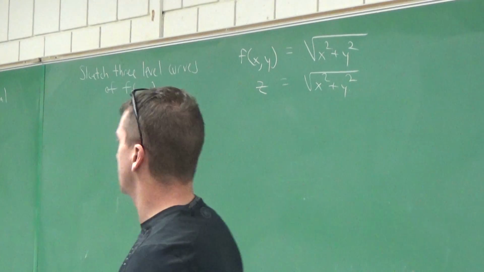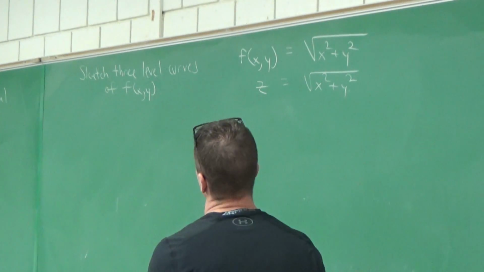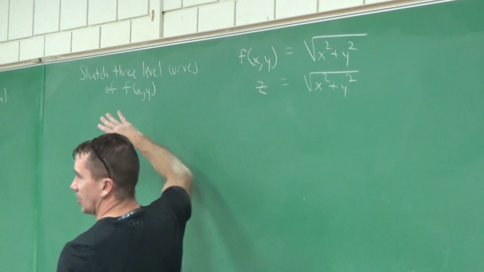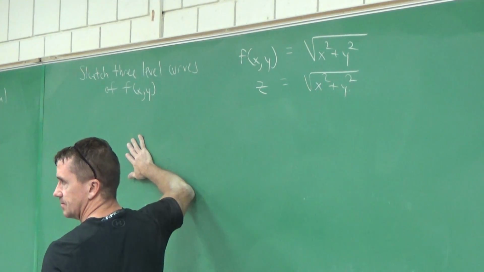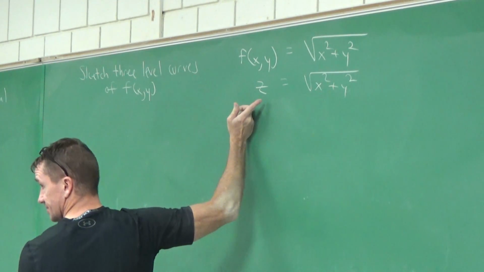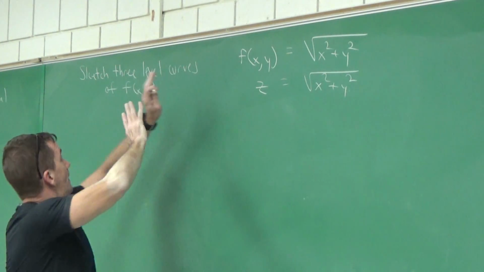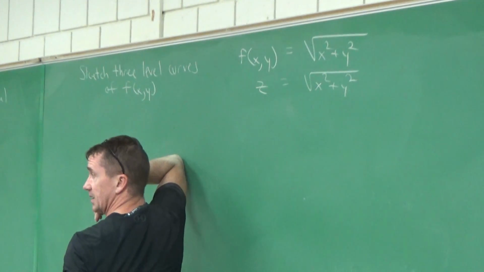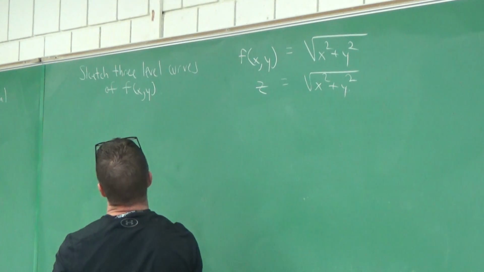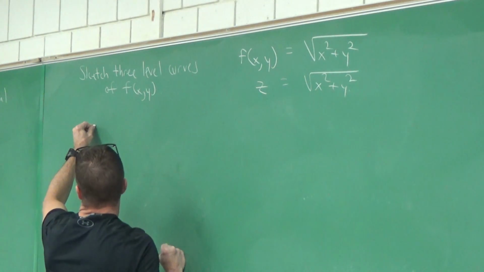Level curves can represent what's called a contour map. Level curves are drawn in the xy plane. This is z. This is a 3-dimensional graph, everyone agree? But the level curves are drawn in the xy plane. So, step 1.